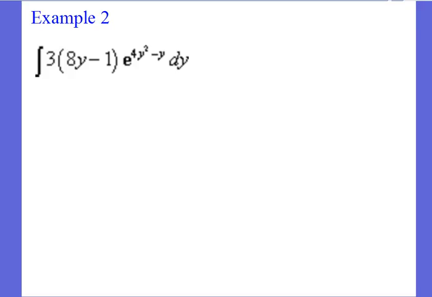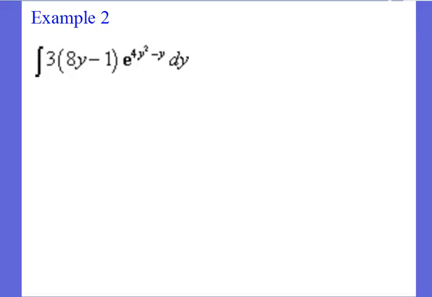So, I have 3 times (8y minus 1) times e to the (4y squared minus y) dy. Now, this e kind of throws people off, but guys, remember, it's actually the simplest one, because if I can leave it there, the integral of e to the anything is what? Itself, right? So, good.